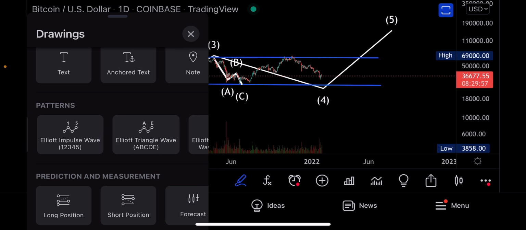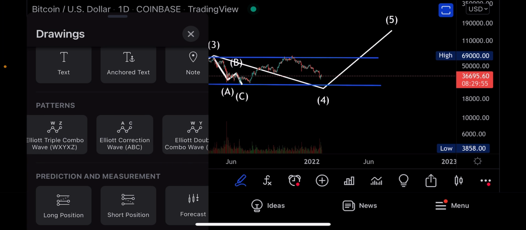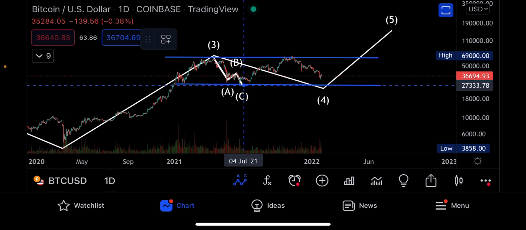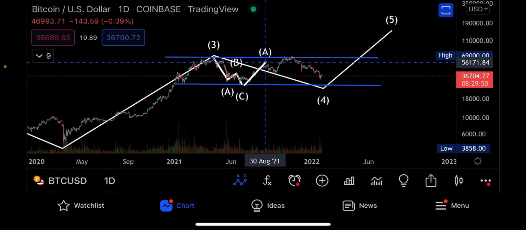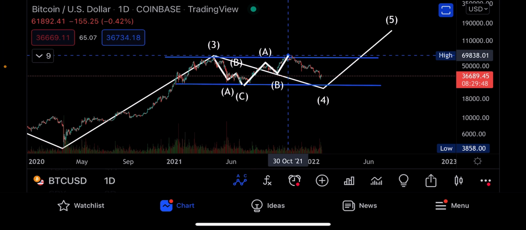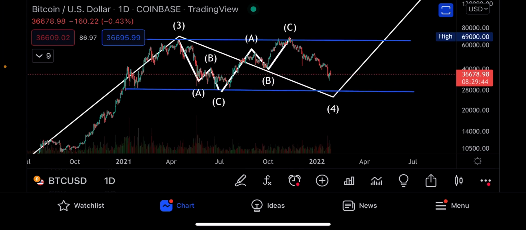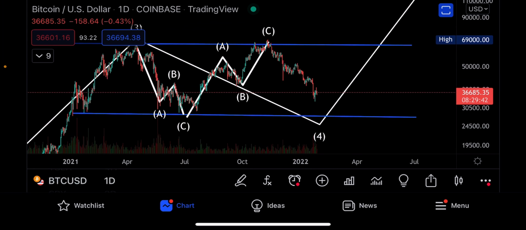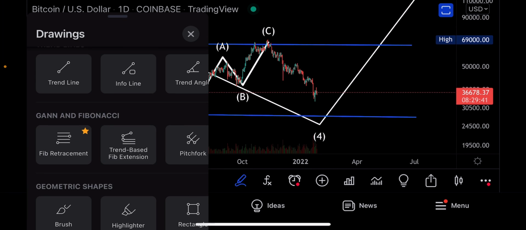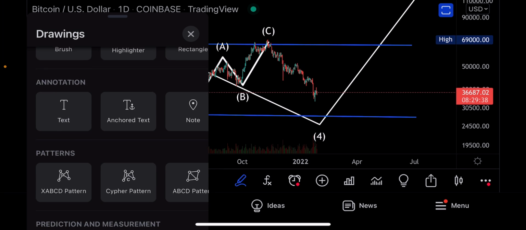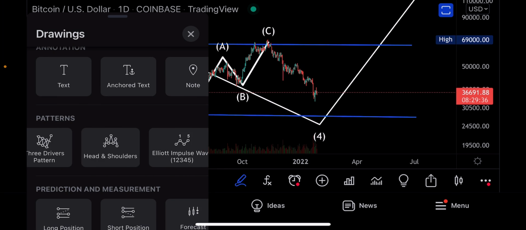I wish they had a 1, 2, 3 on here instead of ABC. Then we have an A, B, C, or another 1, 2, 3. And then we zoom in, a 1, 2, 3, 4, 5 to end this corrective pattern.